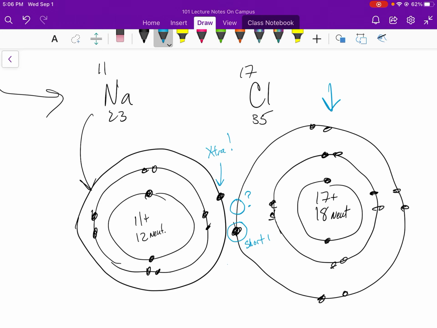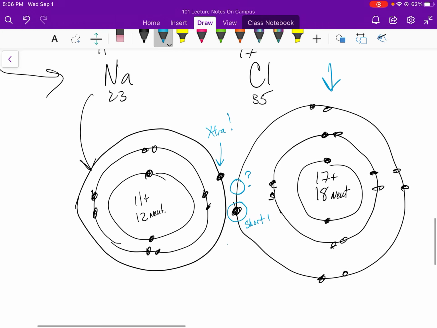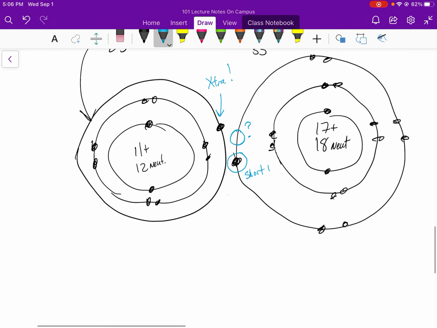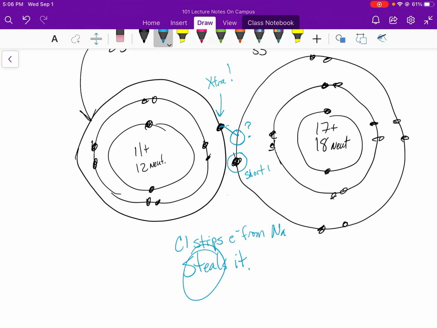So what ends up happening is that the powerful electromagnetic force of chlorine strips away the electron from sodium. And what we say is that it steals it. So it's not sharing it, it actually steals it. So it actually moves over here and becomes part of this molecule over here. So now it's going around and around over here, right? And not going around over on the other side.